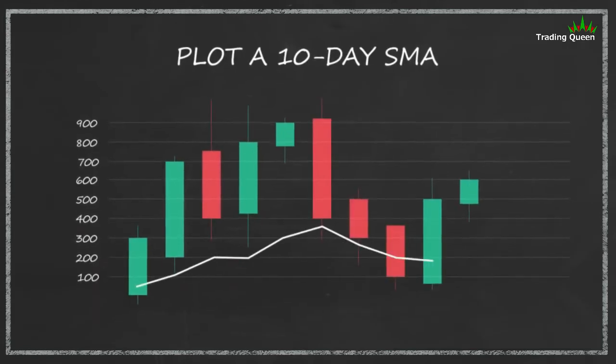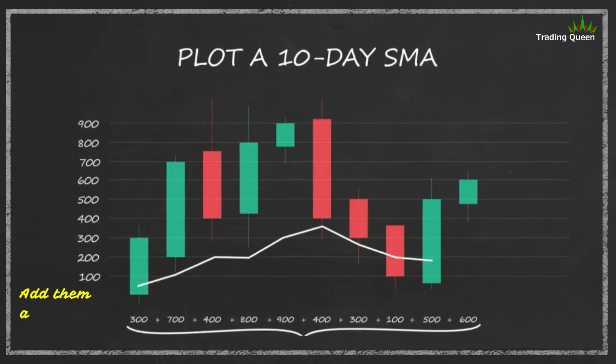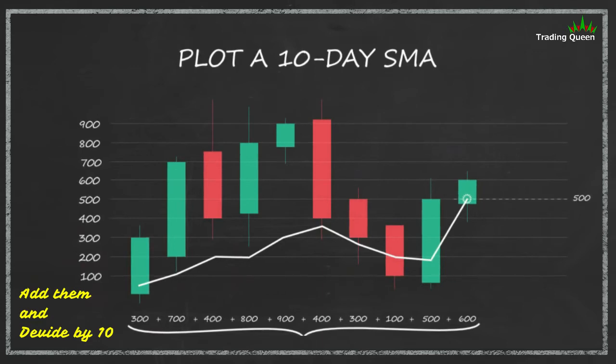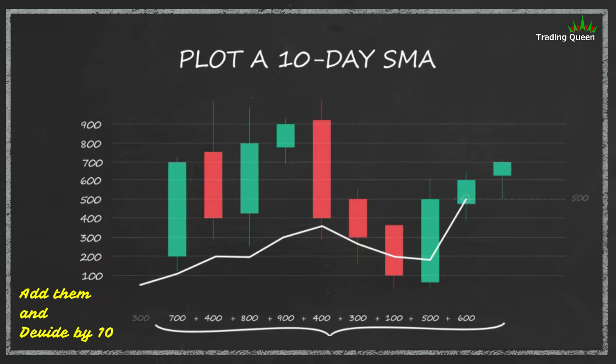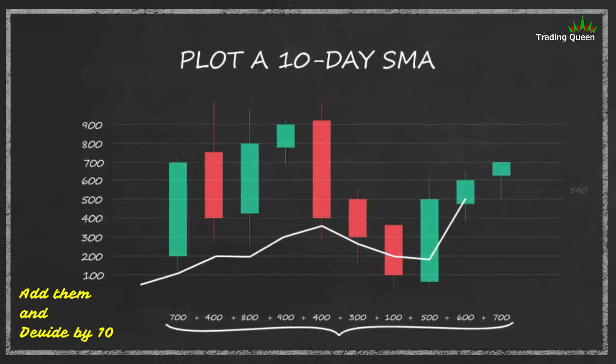So if you wanted to plot a 10-day simple moving average, you would add the closing prices of the last 10 days and divide by 10. The calculation gives equal weight to each day. It's called a moving average, as the oldest price is dropped each time a new period becomes available.